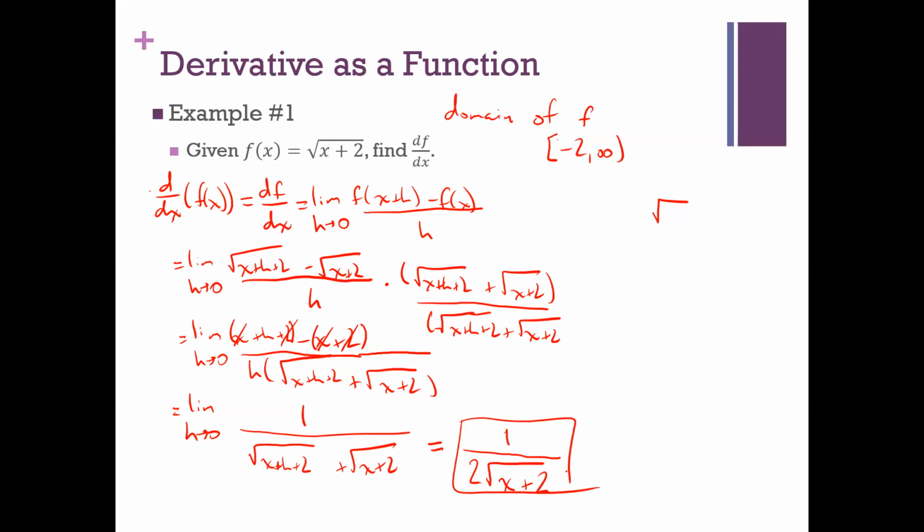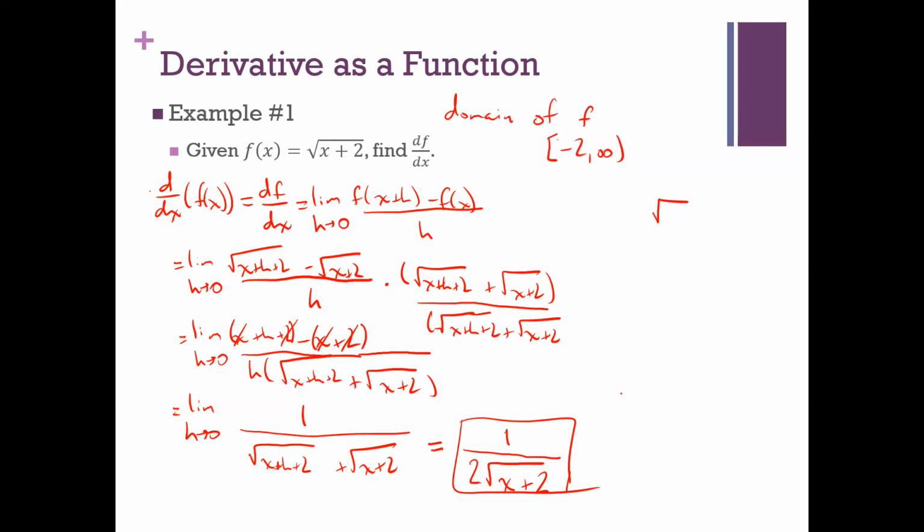Does it have the same domain as the original function? I saw some head shakes and I heard some yeses. One of those is right. What do we think? Square root of 0 is 0. Right, so -2 is not in the domain of the derivative.